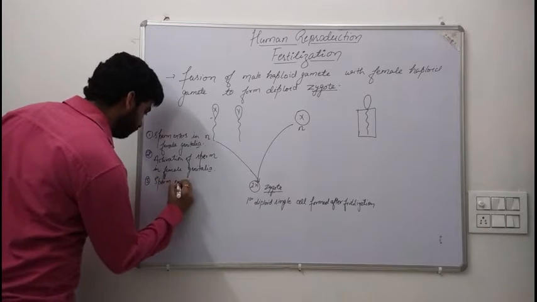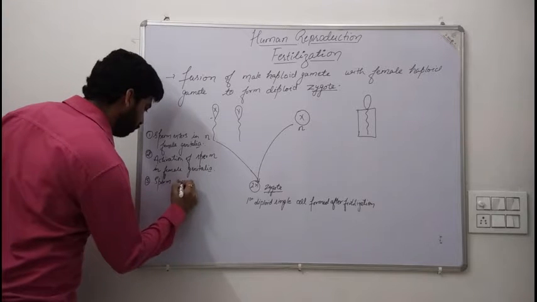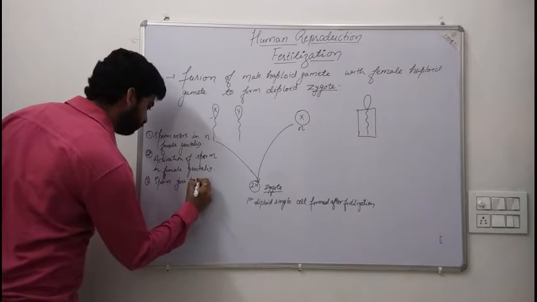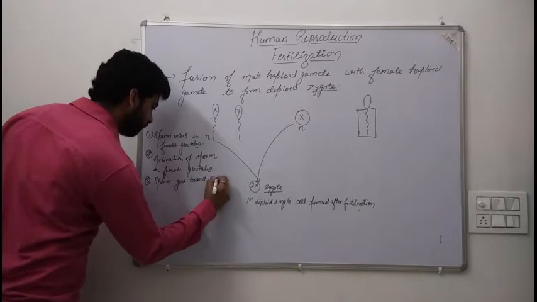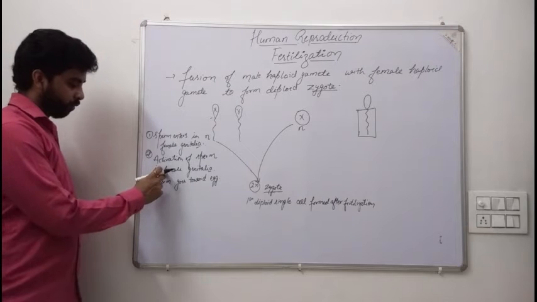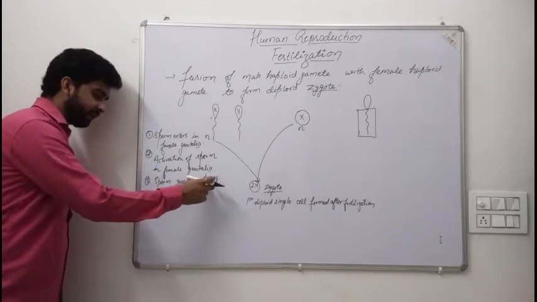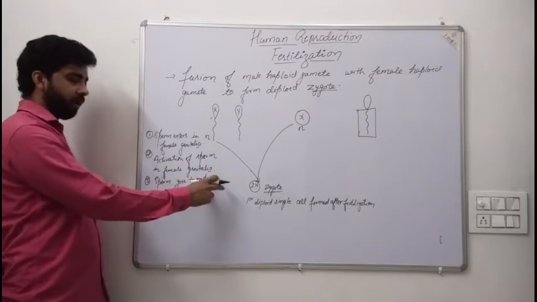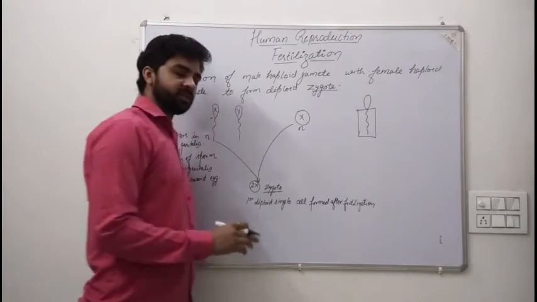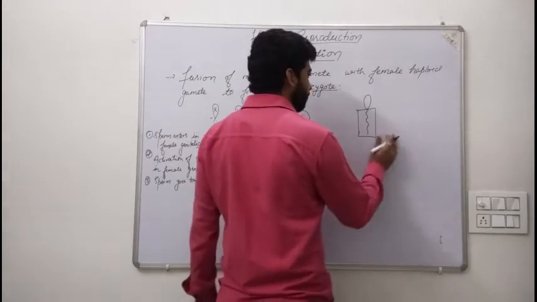Third is sperm goes toward egg. Now sperm goes toward egg means there is a connection between sperm and egg.